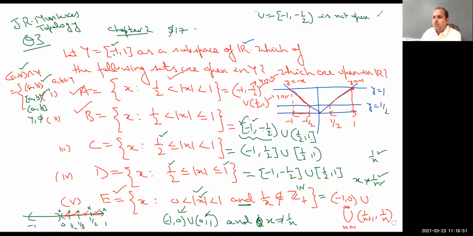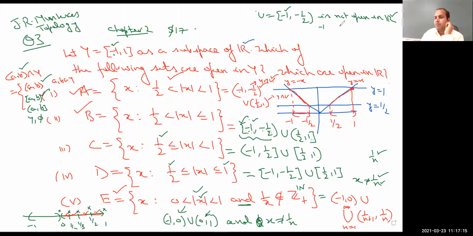Is this visible to you? This one I'm writing above. Is this visible to everyone? Yes, sir. The claim is that this set is not open in R with respect to standard topology. Now recall that definition. To claim that this is not open, show that -1 is not going to satisfy that definition, that x belongs to B and B is contained in U. Let me take here -1.